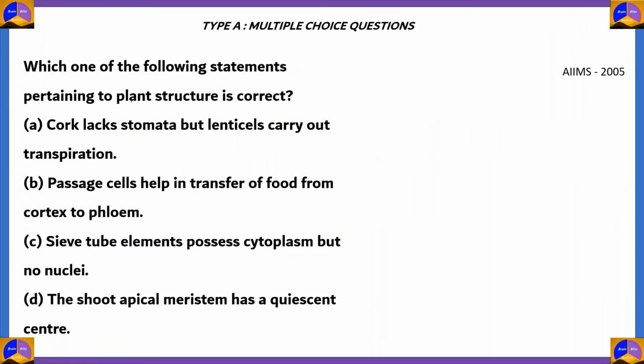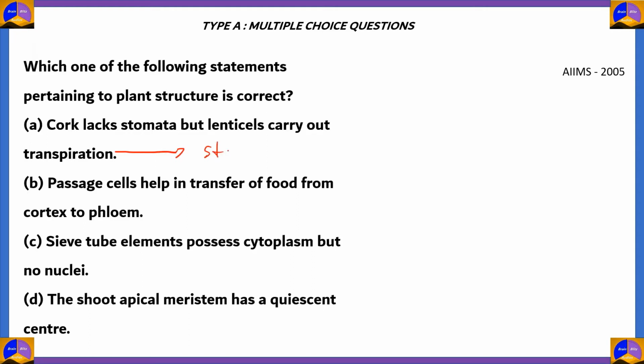Let's look at this question. Which one of the following statements pertaining to plant structure is correct? So we need to find out which of these four is correct. Let's look at each of our options one by one. Cork lacks stomata, but lenticels carry out transpiration.